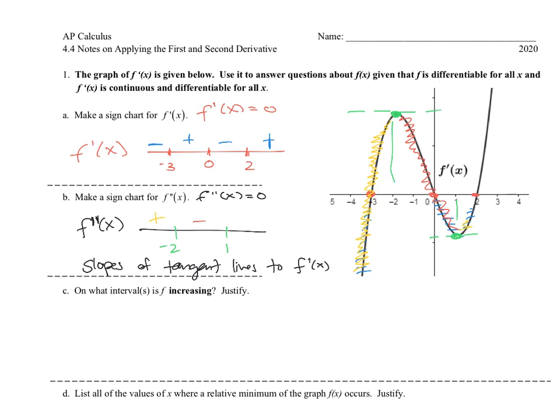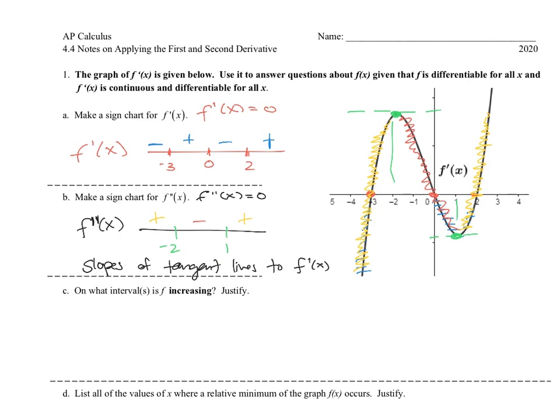And then again, as I continue on my journey, if I were to draw tangent lines to f prime, those slopes would be positive slopes to the right of 1. And so that would be how I create my sign chart for f double prime. Again, I was looking where f double prime of x was 0, and then I was looking at the slopes of the tangent lines to f prime to help create the sign chart for f double prime.